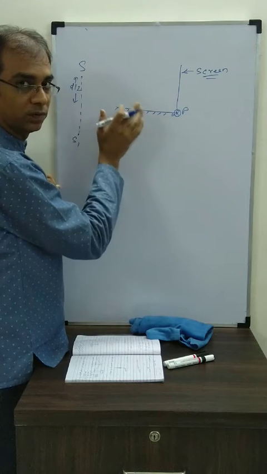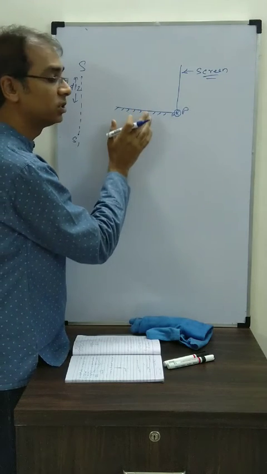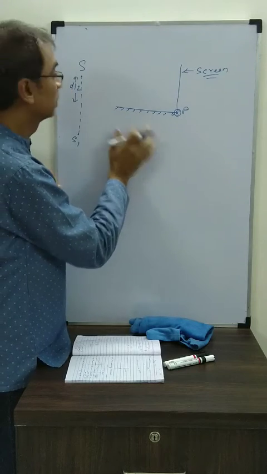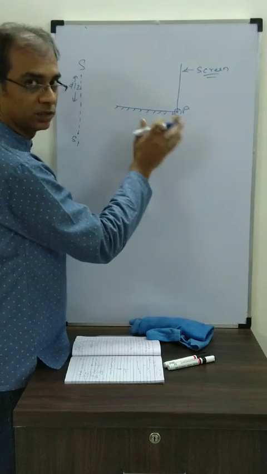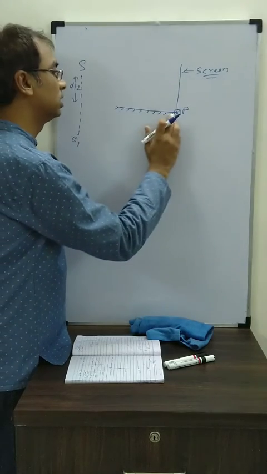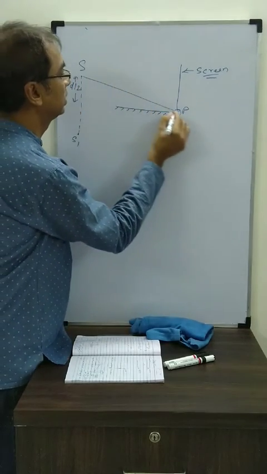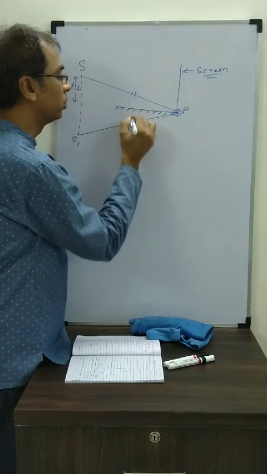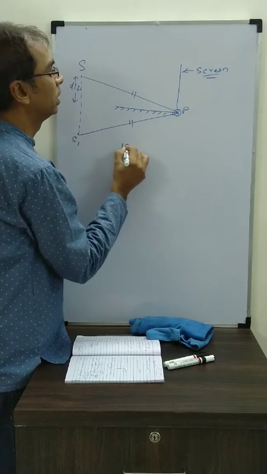If there is a reflection from the denser boundary, then phase of the wave changes by pi radian or 180 degrees. If this is reaching direct, that's fine. But the wave which is reaching from here, one is like this and other one is like this. Okay? Between these two waves, there is 180 degree phase difference.